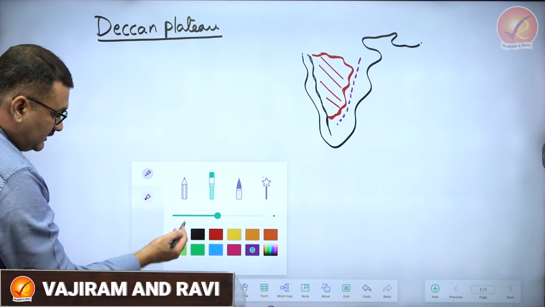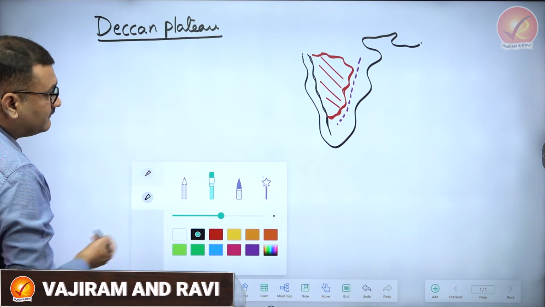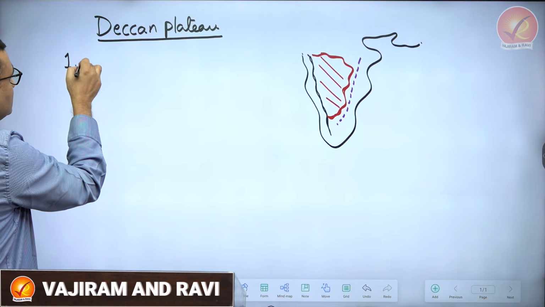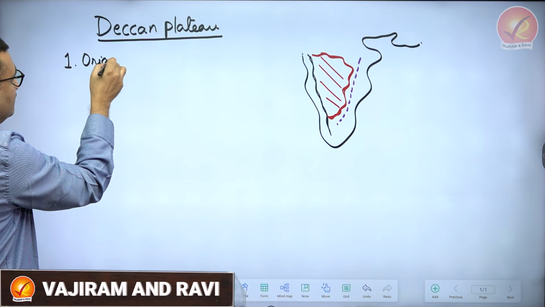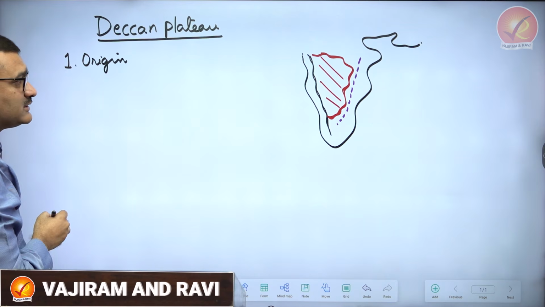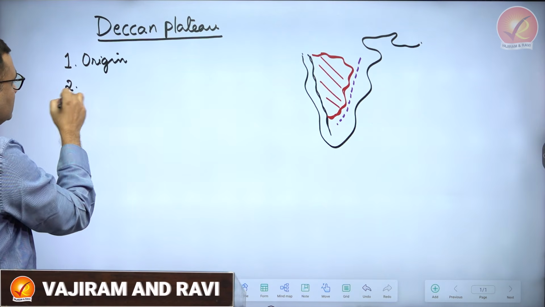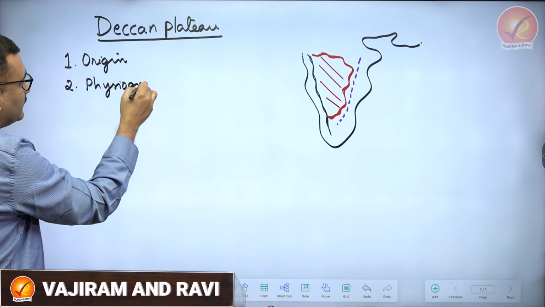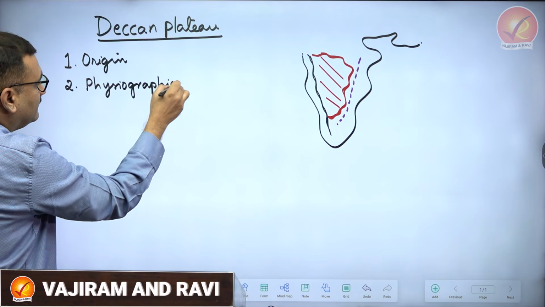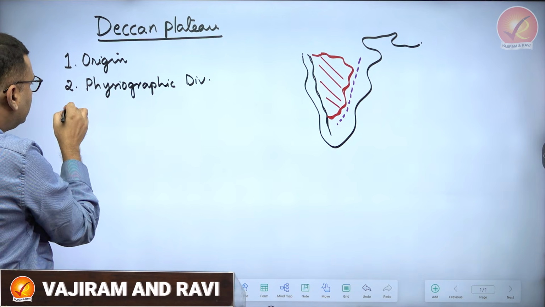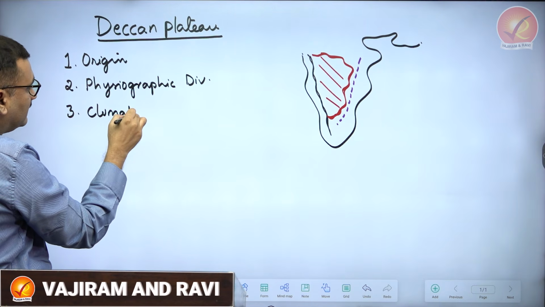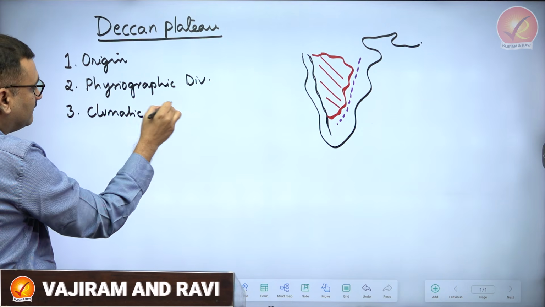Now, we will study this topic in these segments. Number one, we have to understand the origin of the Deccan Plateau, how it came into existence. Number two, we'll study the physiographic divisions of the Deccan Plateau. Third, we will study the climatic conditions of the Deccan Plateau.